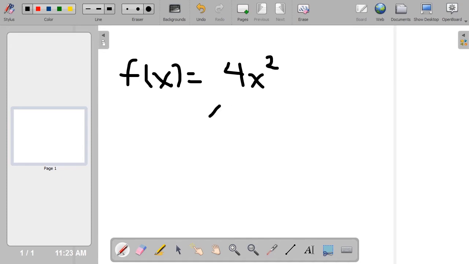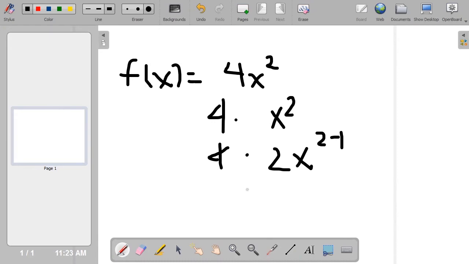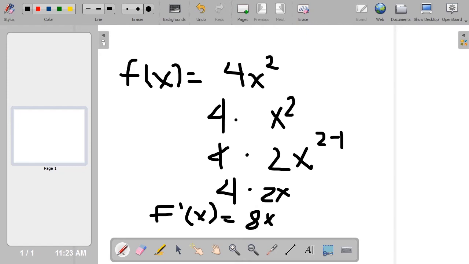So you can set 4 aside. 4 times x squared, then essentially do the power method by 4 times 2 x raised to 2 minus 1. Easy. Then you'll have 2x times 4. Then f prime of x will be 8x. Pretty simple, yeah?